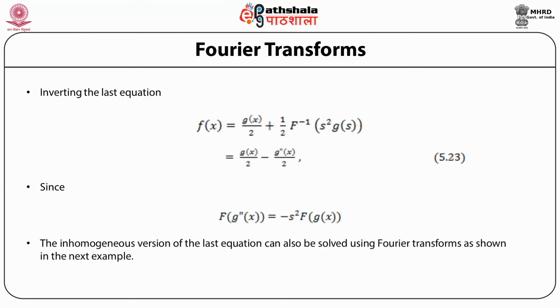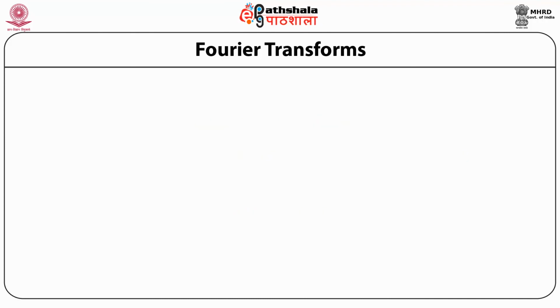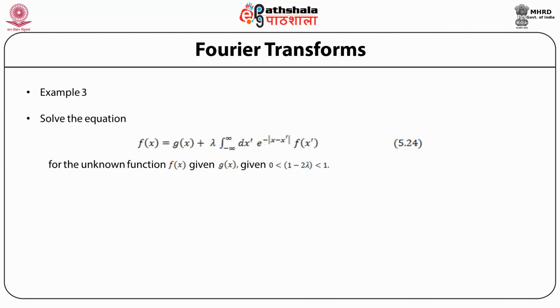The inhomogeneous version of the last equation that we considered can also be solved using Fourier transform, as we will see in the next example. Let us consider the equation now f of x is equal to g of x plus lambda integral minus infinity to infinity dx prime e to the power minus mod x prime into f of x prime.